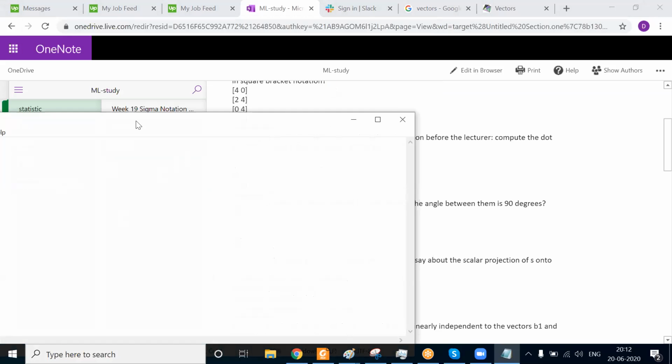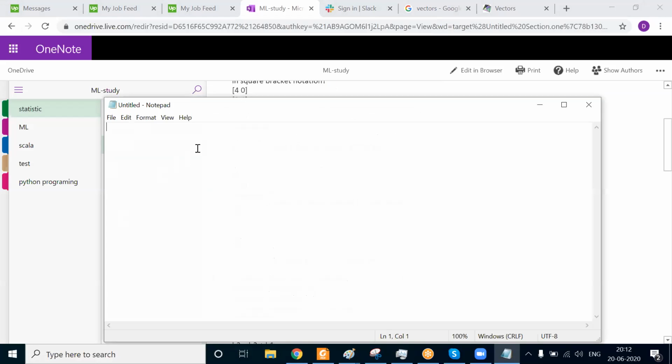So if I have a vector like 3, 5, and another one of, for example, 1, 2, yes, so how do I multiply them together? Is it possible to do it? This is a bit weird because you are trying to multiply a two-dimension vector with a three-dimension vector. So this is not possible.